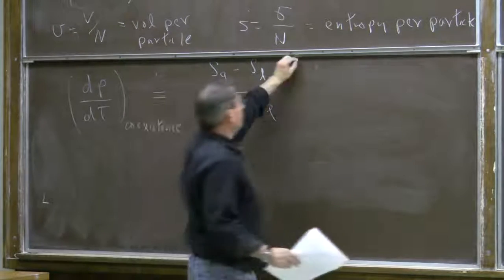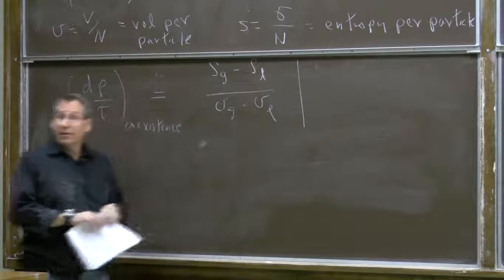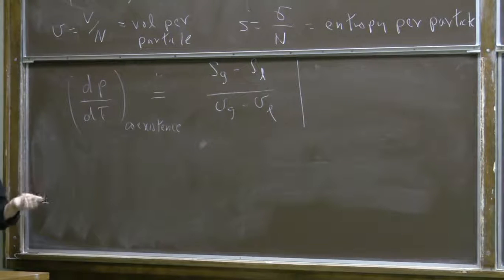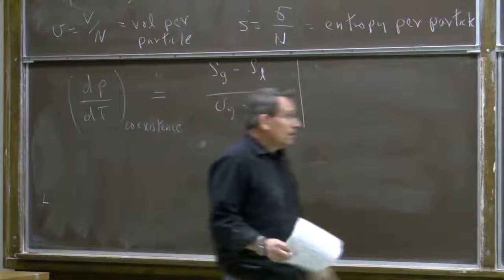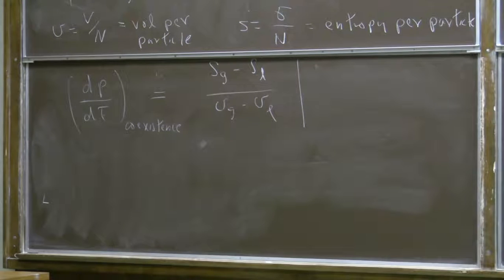So what's the interpretation of the change in entropy per particle when you go from the gas to the liquid phase? Well, if you want to convert the liquid to gas, you have to add heat to boil it.